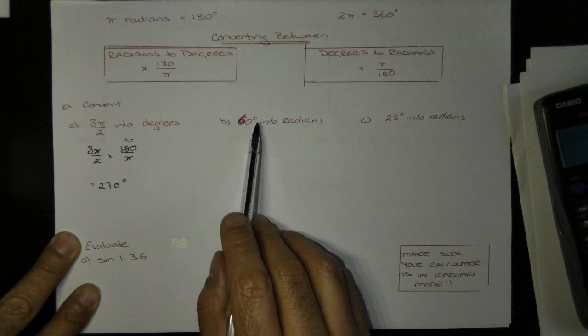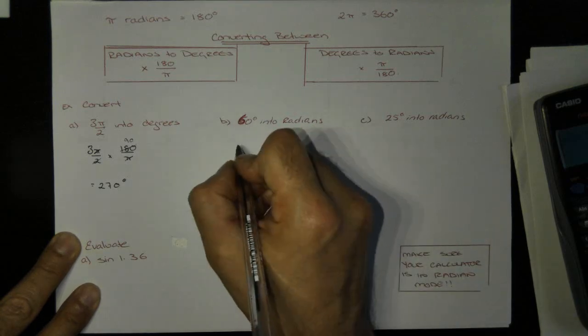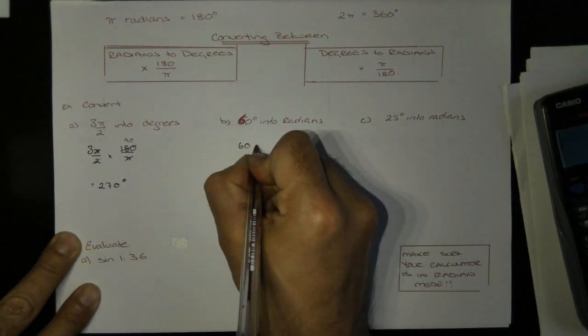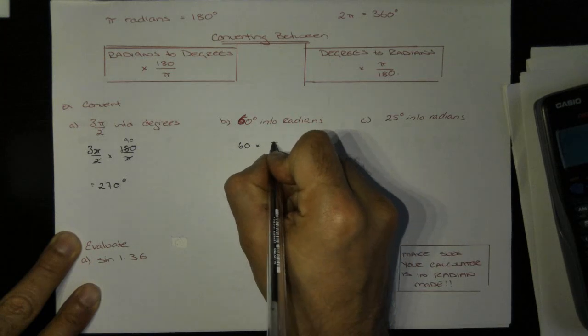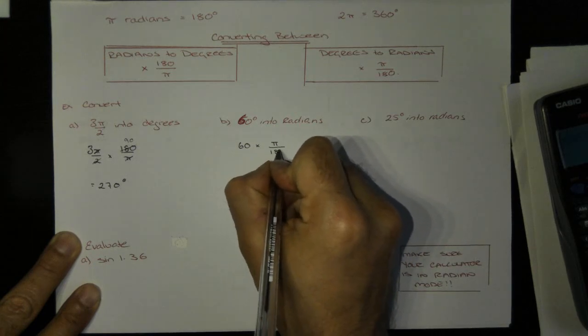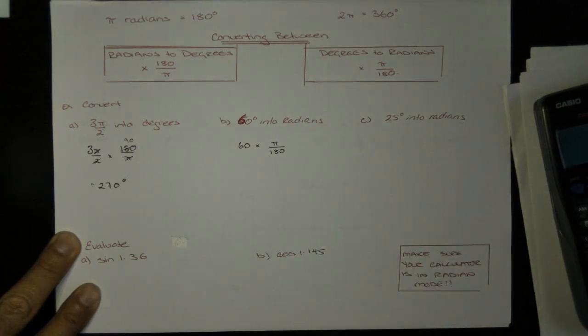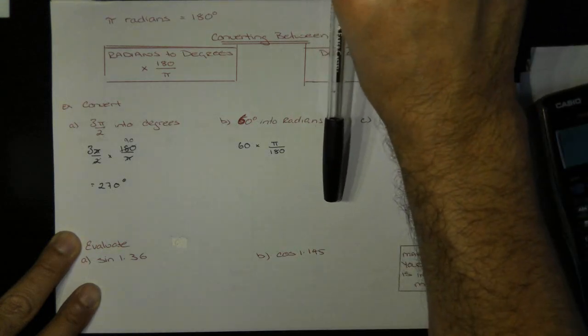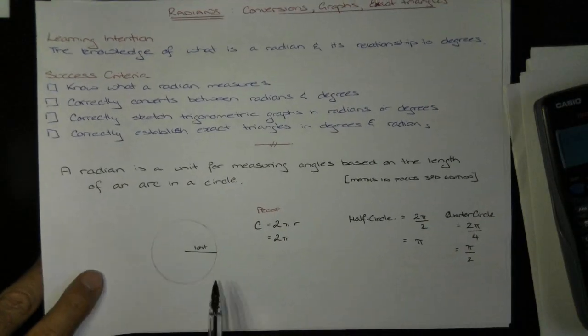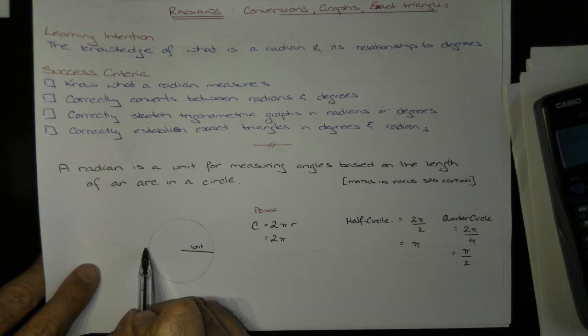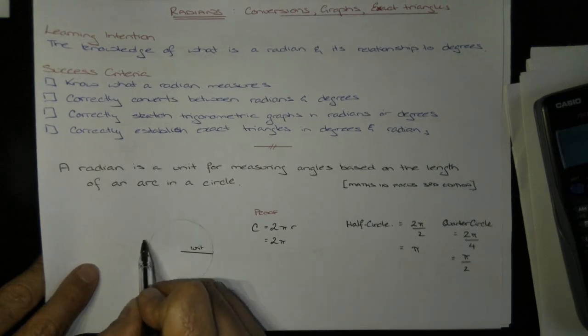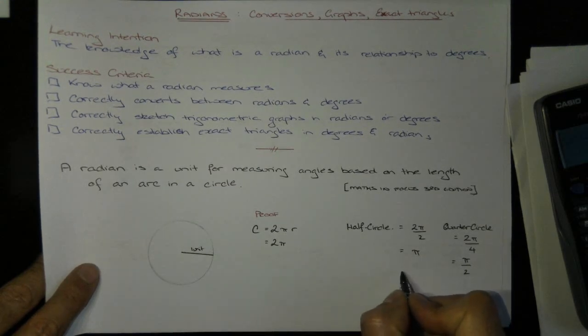Okay, here we've got 60 degrees. I'm going to convert into radians. I'm going to multiply it by pi over 180. Yeah, because, to just remind people, if I was to do half a circle, so if I was to travel this half, I would actually be traveling 180 degrees.